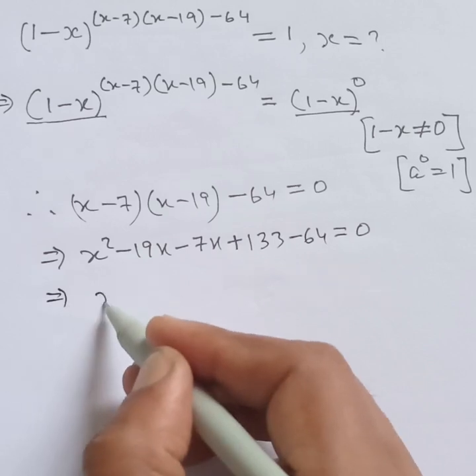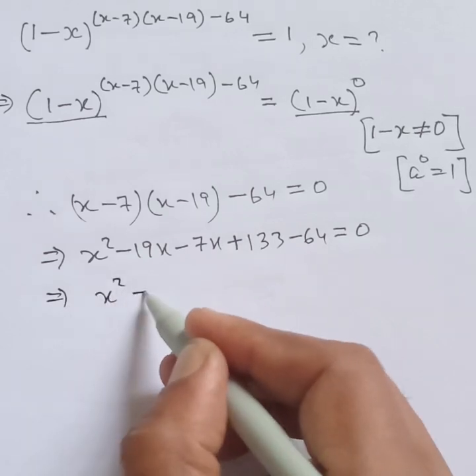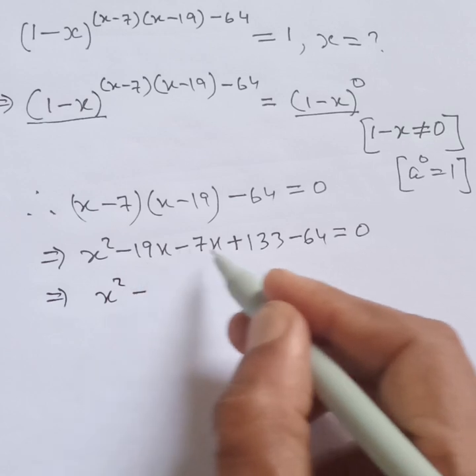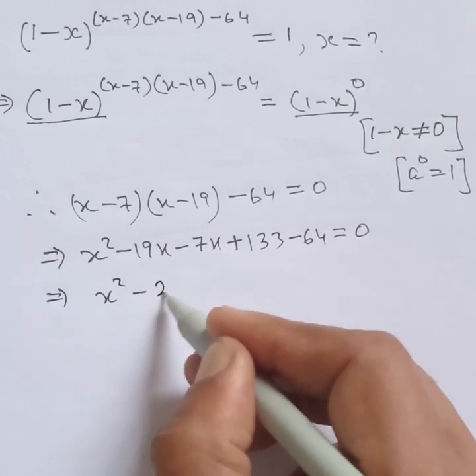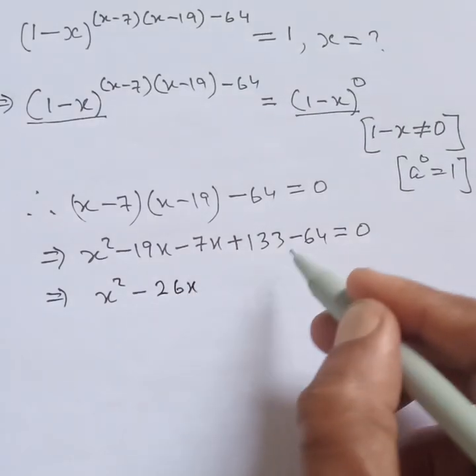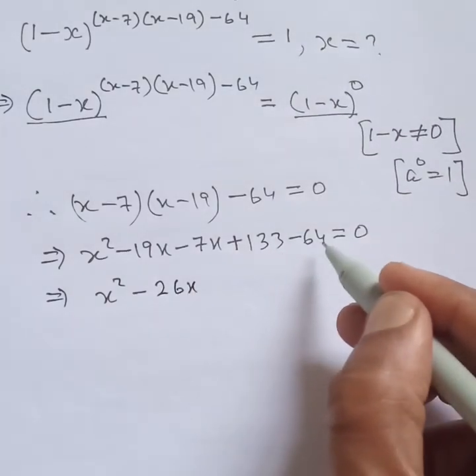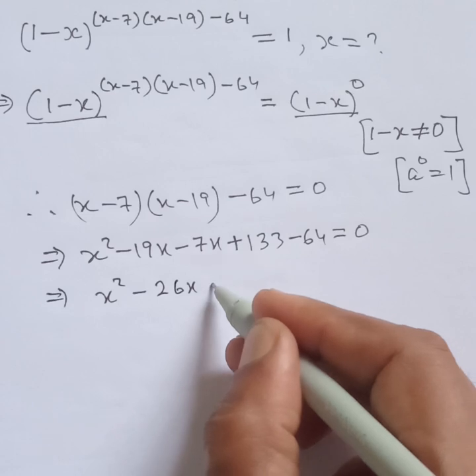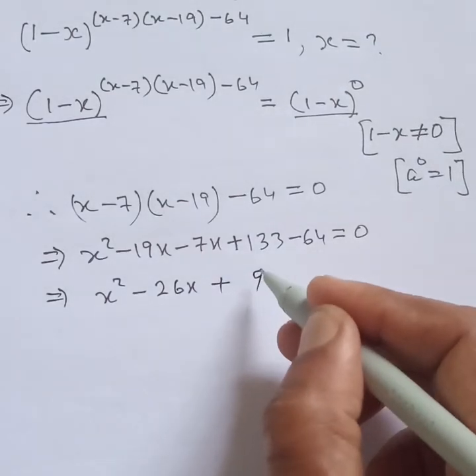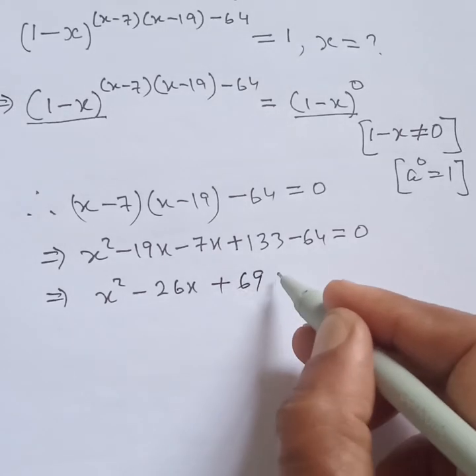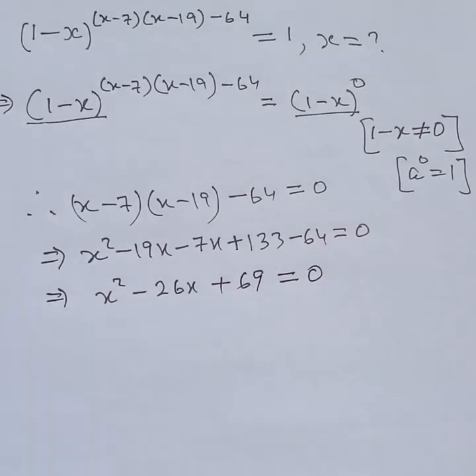Implies x square minus 19x minus 7x, minus 26x, plus 133 minus 64 will be plus 69 is equal to 0.